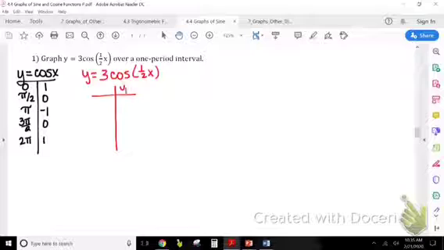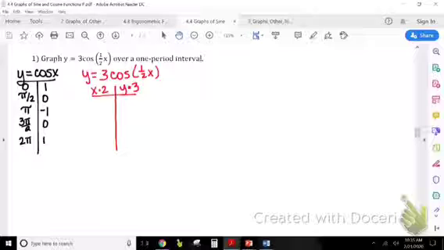What would we do to our y's? Multiply by 3. And what would we do to our x's? Yeah, it says times 1/2, but x always does the opposite. So we wouldn't multiply by 1/2. We'd really divide by it, which is the same as multiplying by 2. Okay, it's the same as multiplying by 2. So we could do that. But let me show you another way on it.